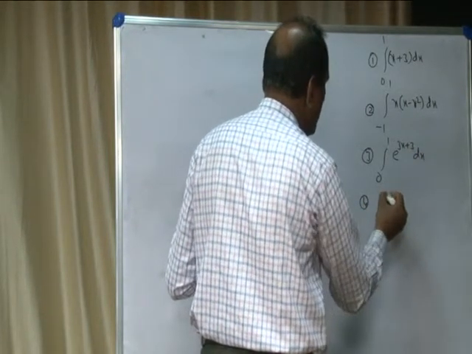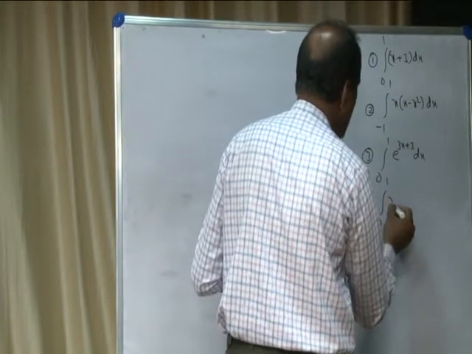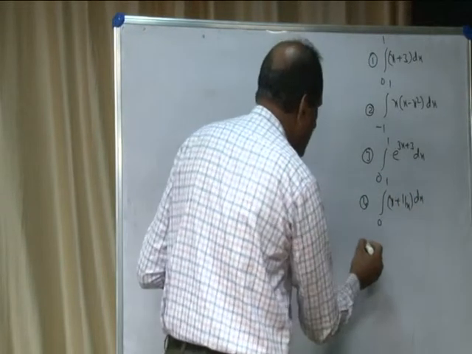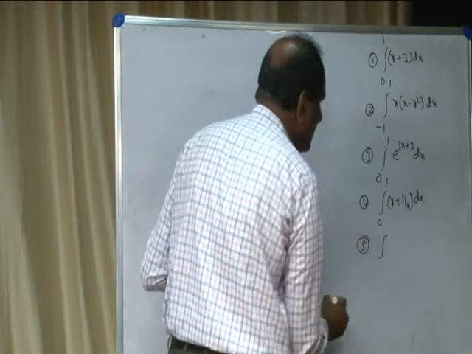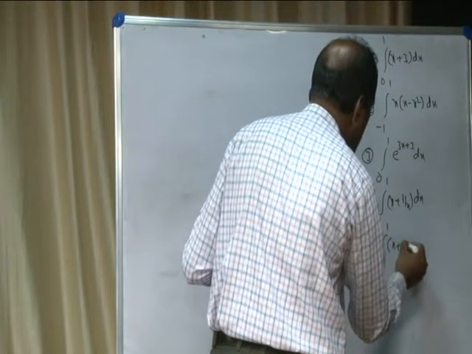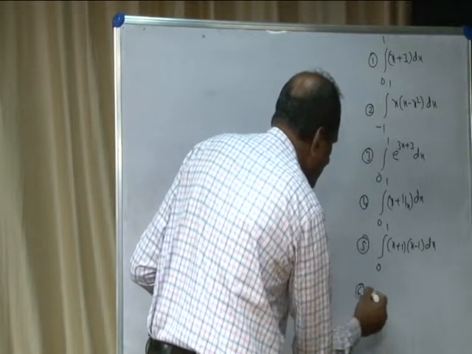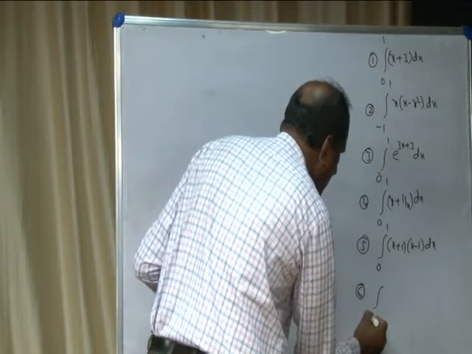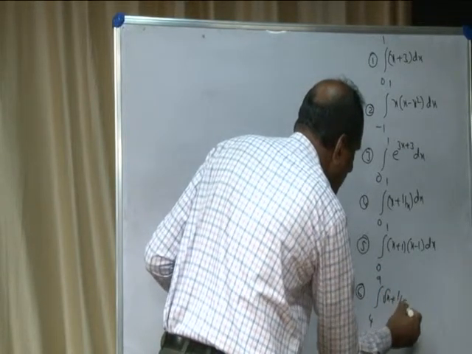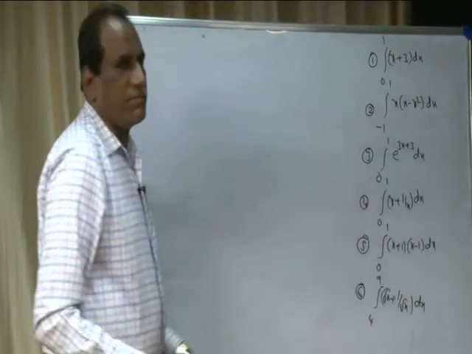Fourth problem: integral 0 to 1 of x plus 1 over x dx. Fifth problem: integral 0 to 1 of x plus 1 into x minus 1 dx. Sixth problem: integral 4 to 9 of root x plus 1 by root x dx. All these are algebra problems.